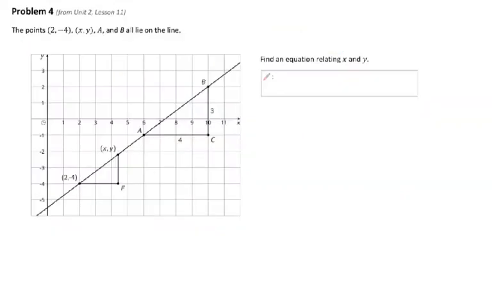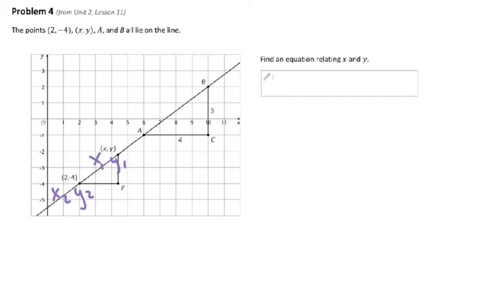All right, finally, last problem. We have to find an equation relating x and y. So Miss Tromke went over this in class a little bit, and honestly, she taught me how she wants this done by her going over it. It's a little weird. We might not do this totally right, but we're going to do our best. So we're going to call this x1 and this y1 and this x2 and that y2.